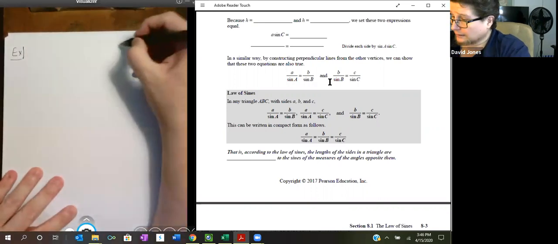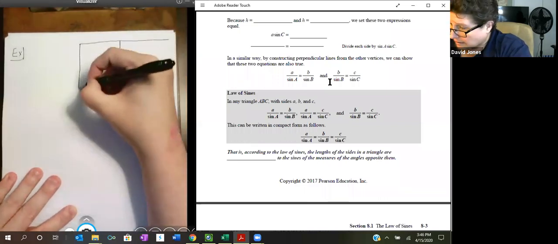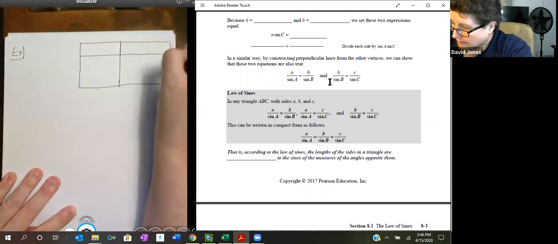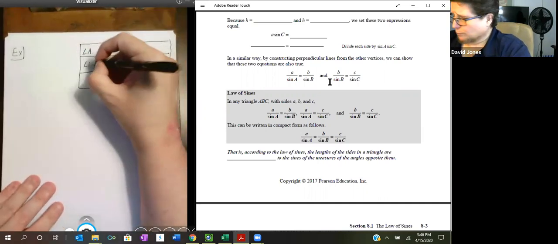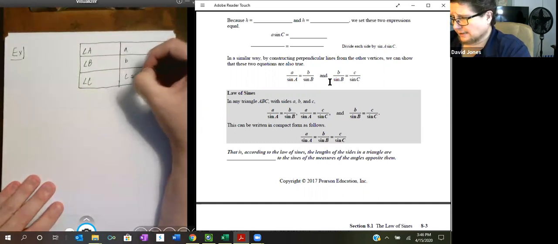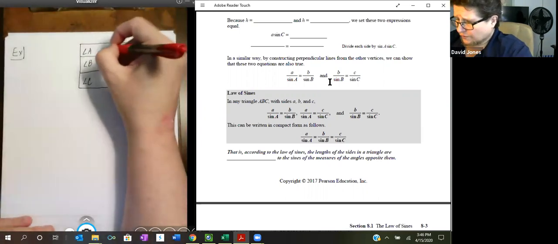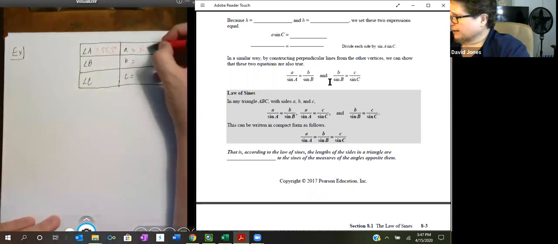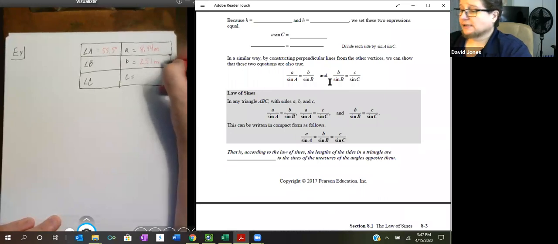Let's make our table. I've got angle A, angle B, angle C, and sides A, B, C. What I'm given: angle A equals 55.5 degrees, side A is 8.94 meters, and side B is 25.1 meters.